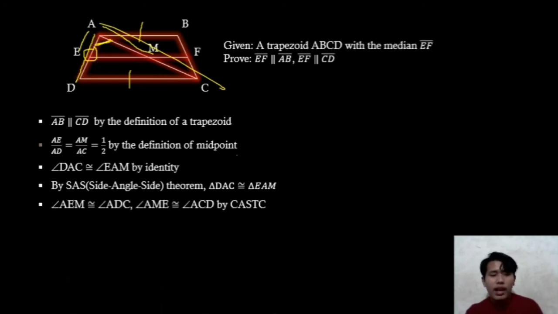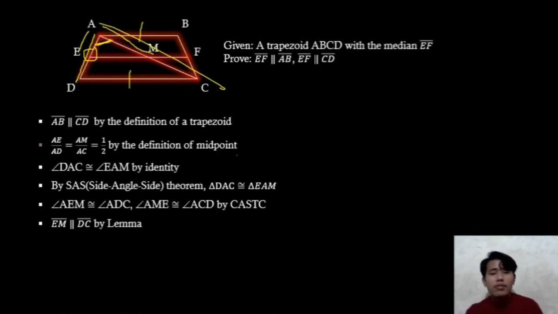Then next, angle AEM is congruent with angle ADC, angle AME is congruent with angle ACD by CASTC. CASTC means that corresponding angles of similar triangles are congruent. Line segment EM is parallel with line segment DC by lemma.